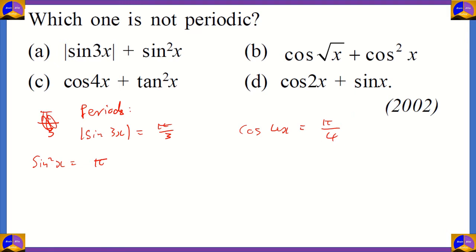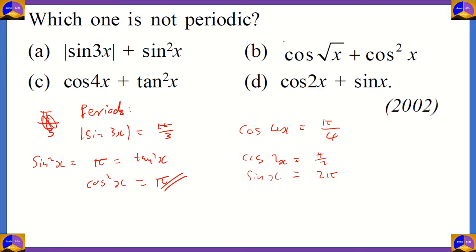And then for tan square x, it is pi. Cos 2x gives you pi by 2. Sine x equals 2 pi. And cos square x is pi as well.